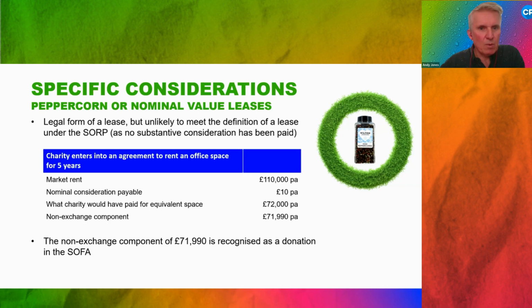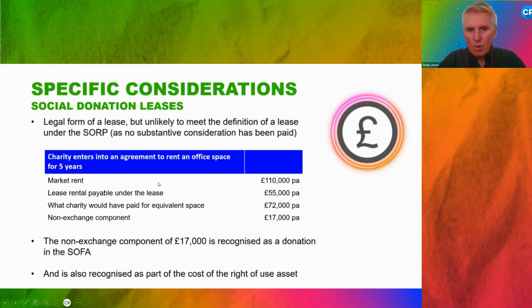The other specific one I wanted to cover was social donation leases. Again, this is what we see across a lot of clients, a lot of charities. Again, it'll be the legal form of a lease, but it's not going to meet the definition of a lease under the SORP, again because of no real substantive consideration being paid.